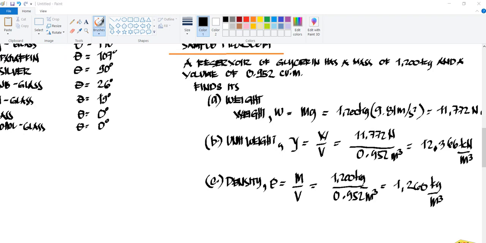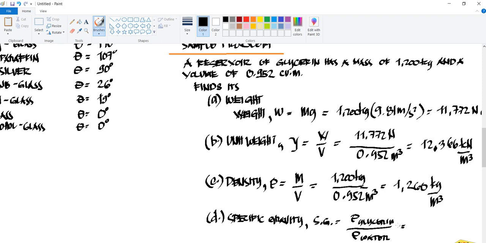Then next we have the last unknown, specific gravity. So what will we find for the specific gravity? We have your Sg. That will be the density of the fluid, or density of the glycerin, divided by the density of the water.